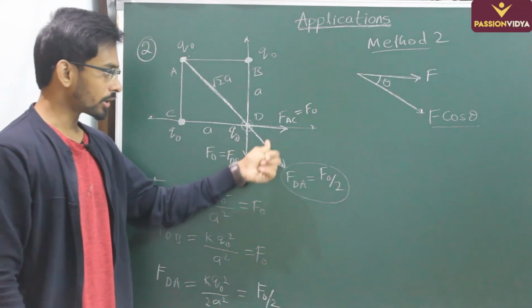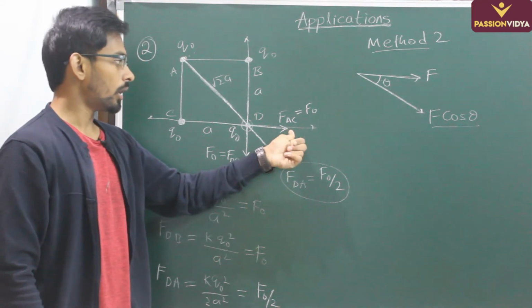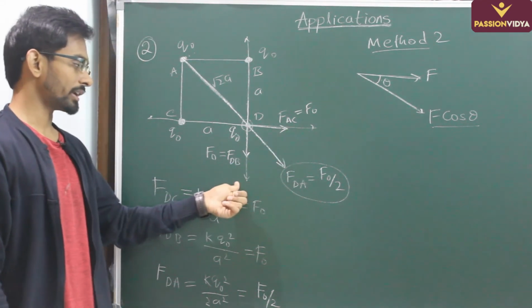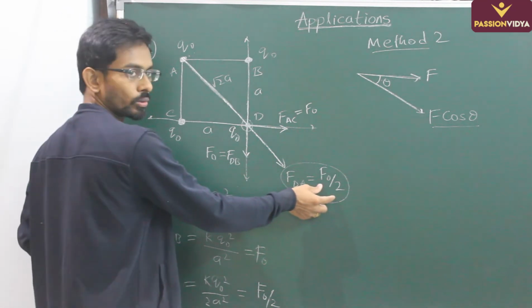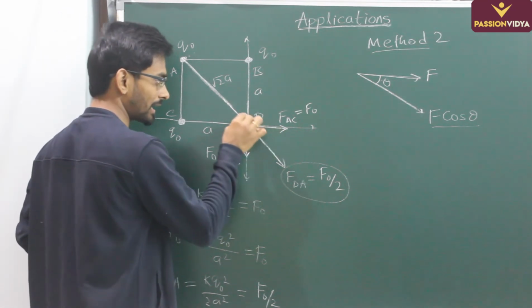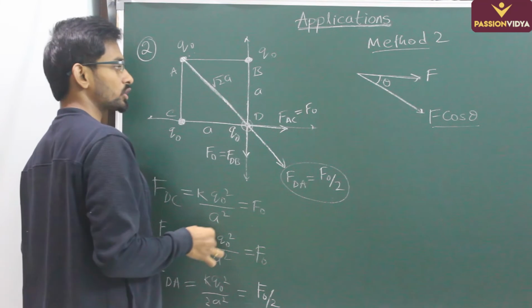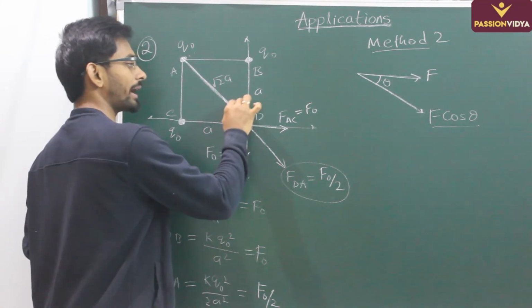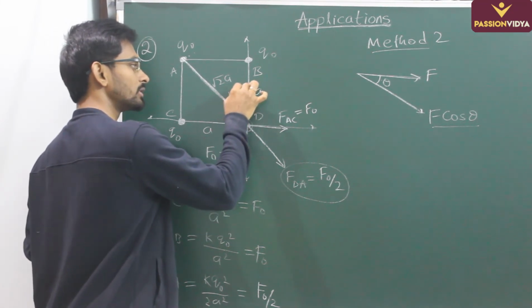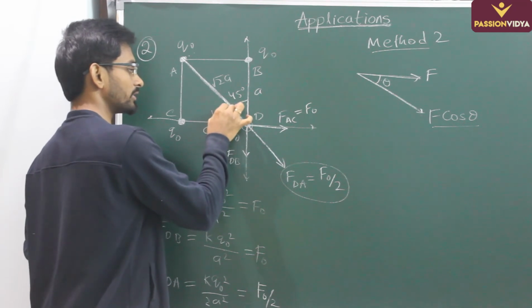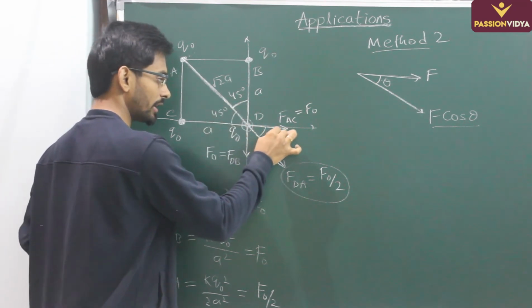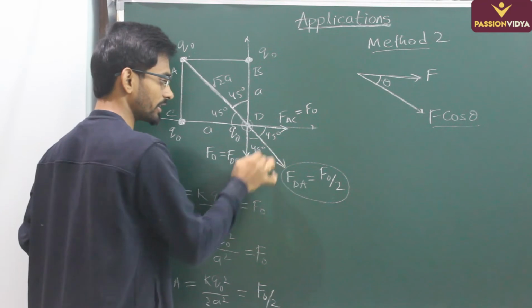So now let us calculate components of this force along the horizontal direction and the vertical direction. F naught by 2 is the original force, and we know in a square the diagonal will make an angle of 45 degrees. Here also it will be 45 degrees, so this angle is 45 and this angle is also 45 degrees.